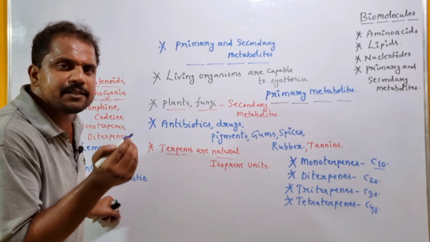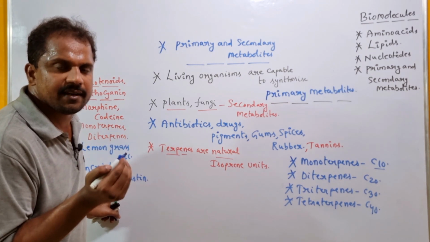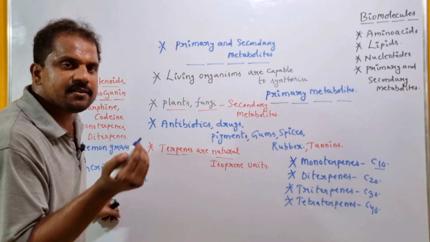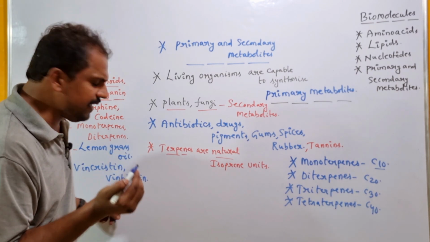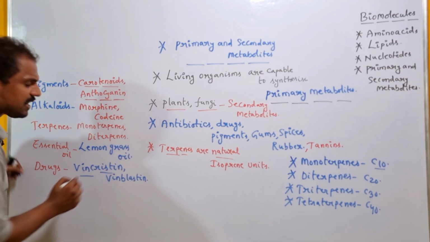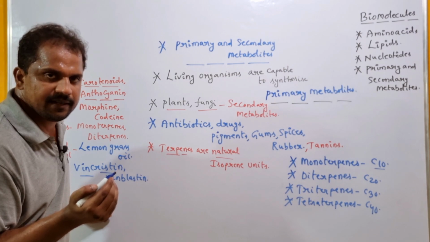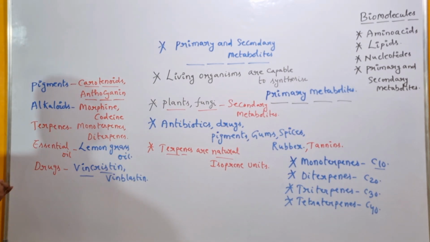That means they are responsible for the suppression of cancer, and even some other disorders like Hodgkin's disease. And even these drugs are also responsible for the suppression of some specific blood disorders. Is it clear?